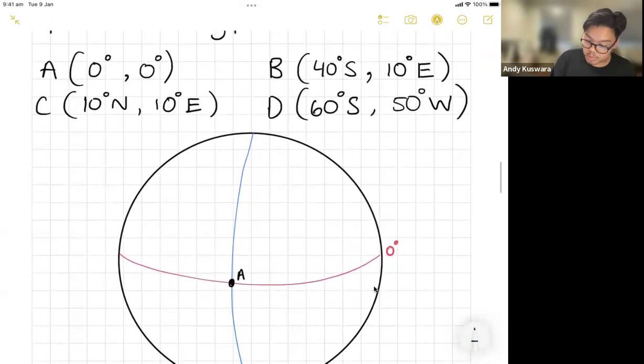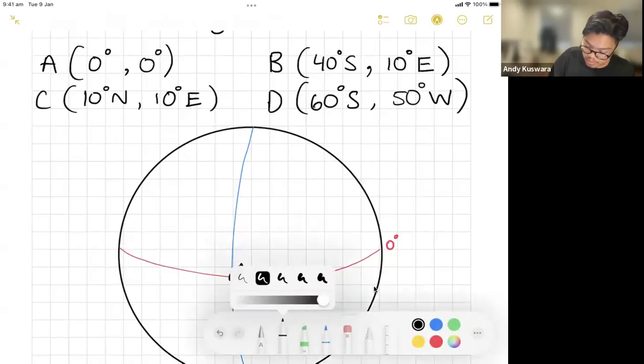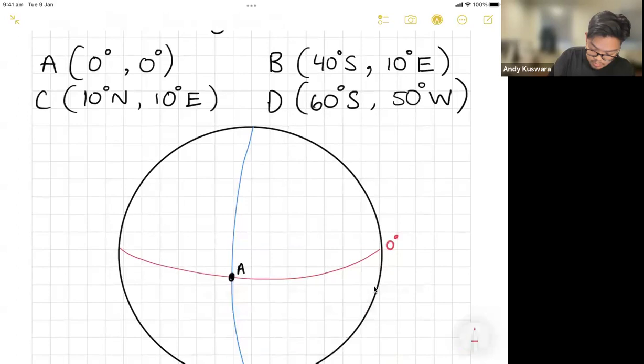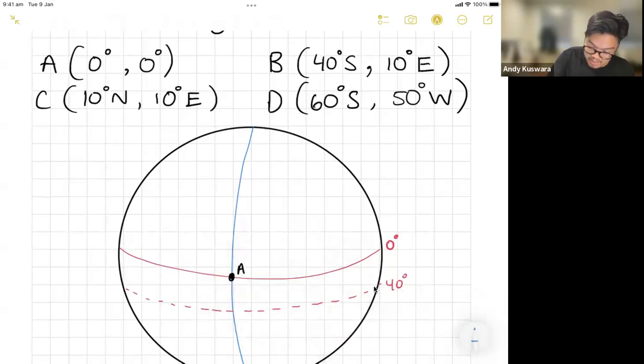That's it. Now, if I'm talking about B, I go 40 degrees south, because I've gone down 40 degrees. And if I go 10 degrees east, remember, never eat soggy Weet-Bix, that means I travel 10 degrees to the east here.